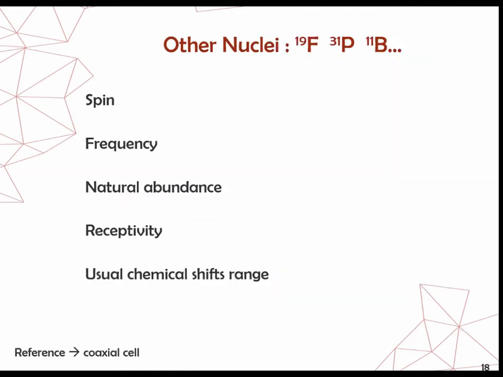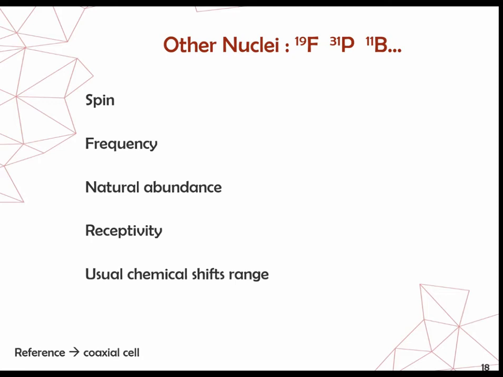Okay, now I switch to other nuclei. The most often observed are fluorine, phosphorus, or boron. When you want to observe a nucleus, you have to be aware of the spin number to know if you will have proton-like coupling.